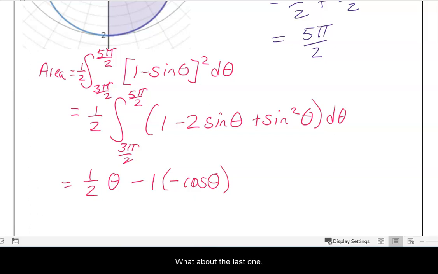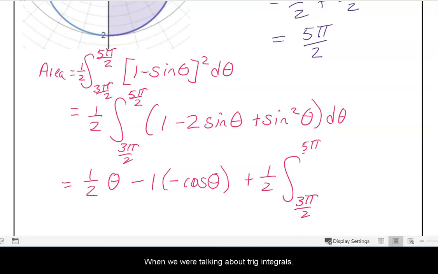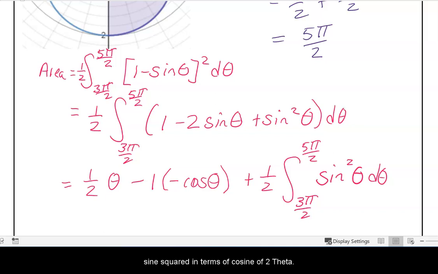What about the last one? This one, of course, is one that you've learned to do much earlier this semester when we were talking about trig integrals. You have sine to an even power, and you are going to have to use the double angle formula in order to rewrite sine squared in terms of cosine of 2 theta.